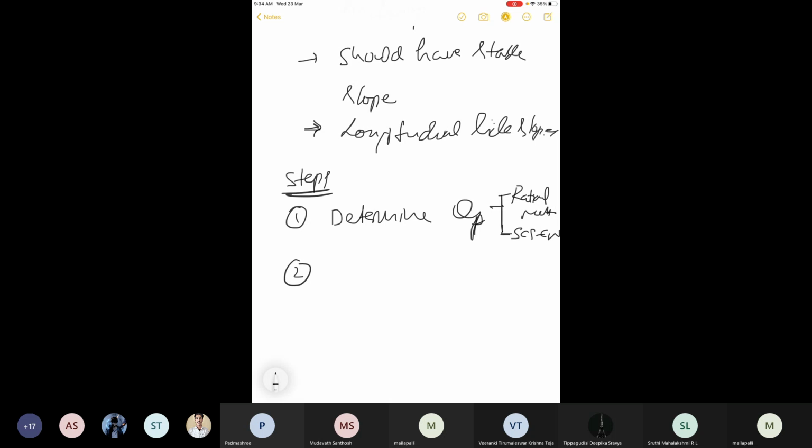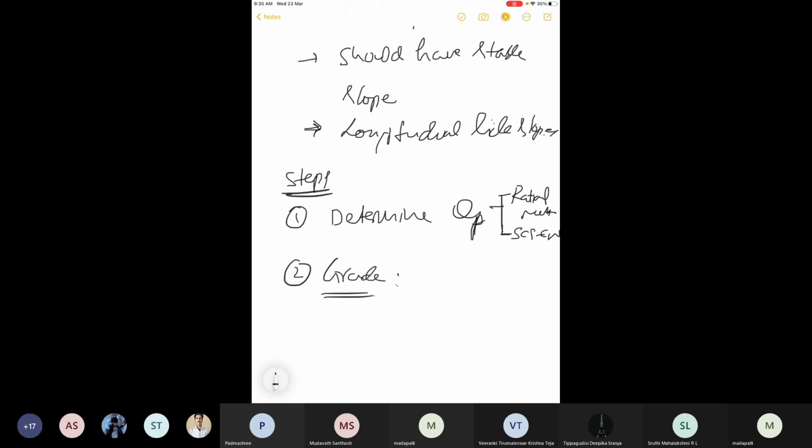And second is the grade. The grade is important. It should have a maximum possible value without exceeding the permissible velocity. If it exceeds the permissible velocity, that's going to erode the channel.